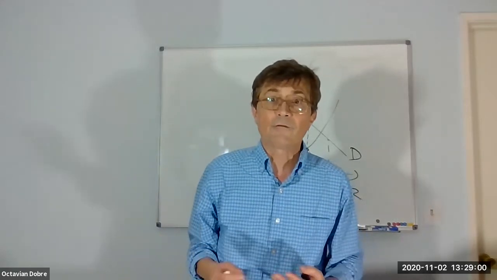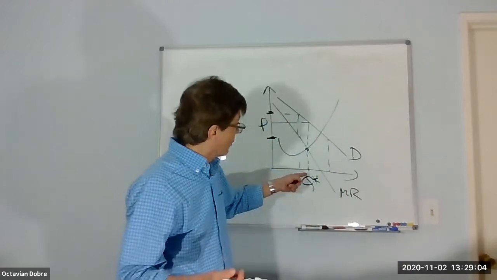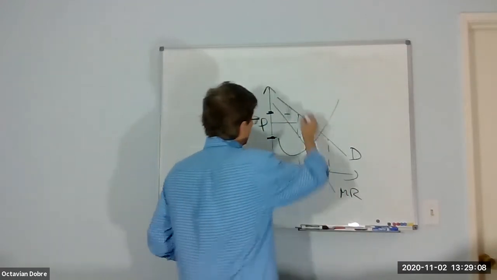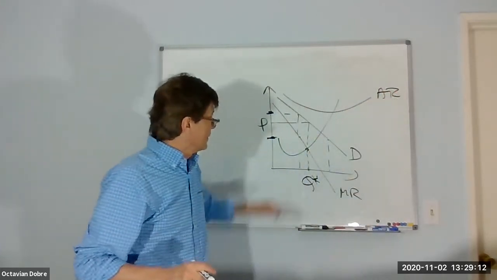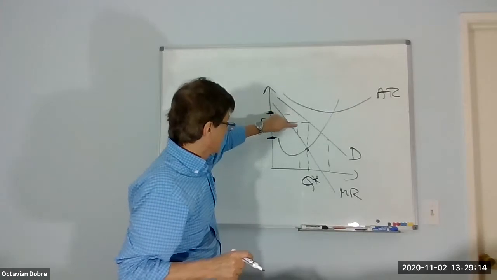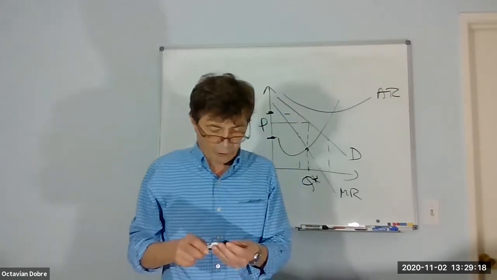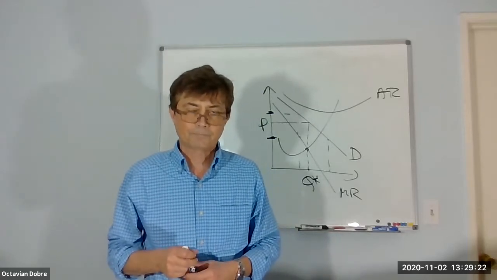Are they making a profit or a loss? Well, I need the average total cost. I want to find out what the average total cost is when we sell Q star units. By looking at that graph, can you tell me whether this monopolist is making a profit or a loss? Profit.